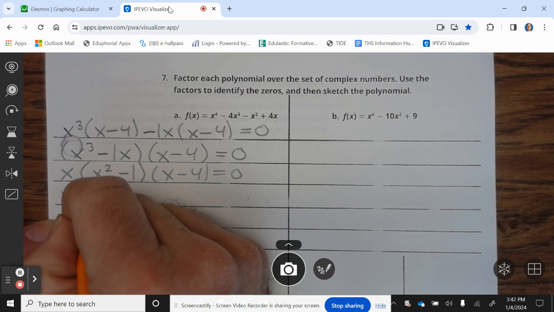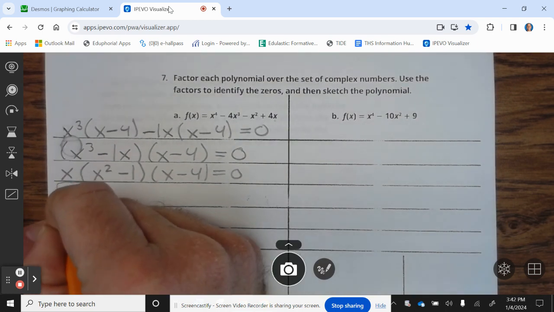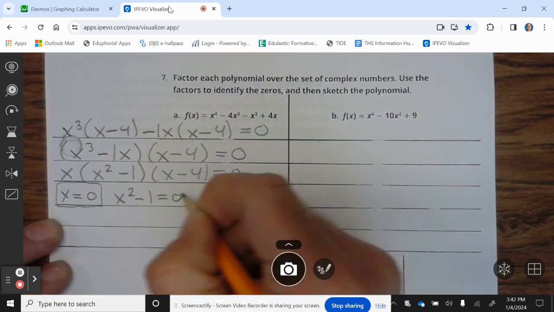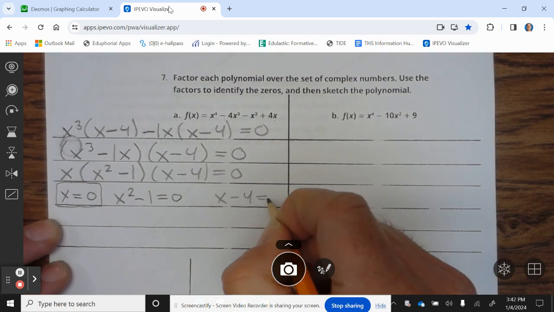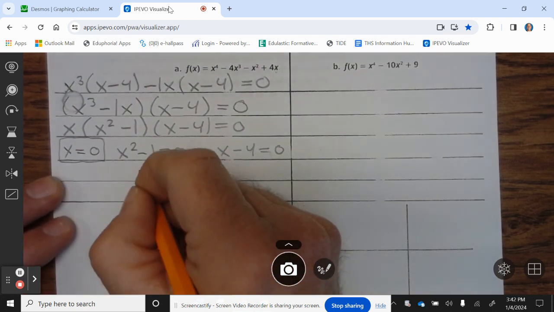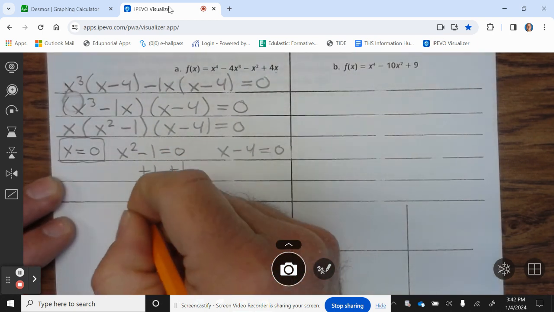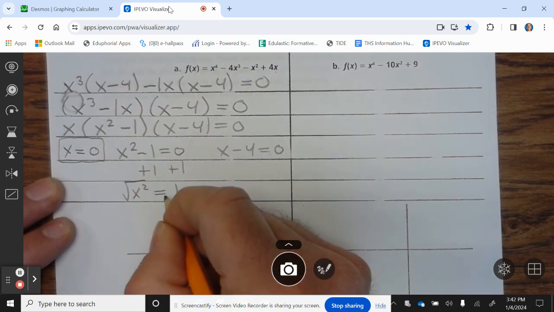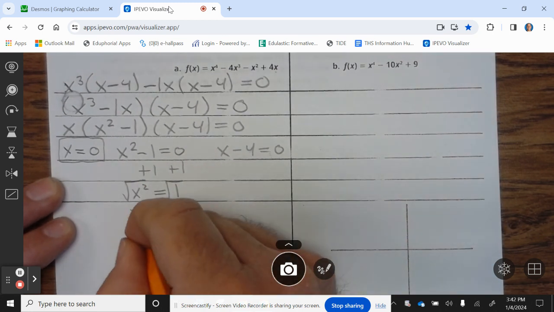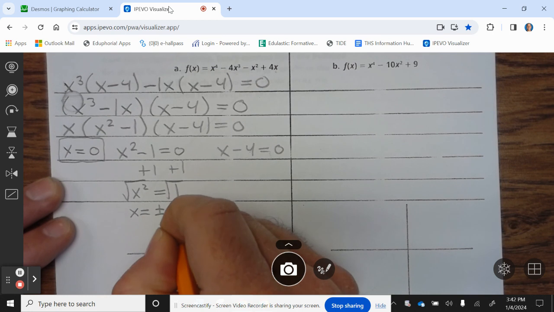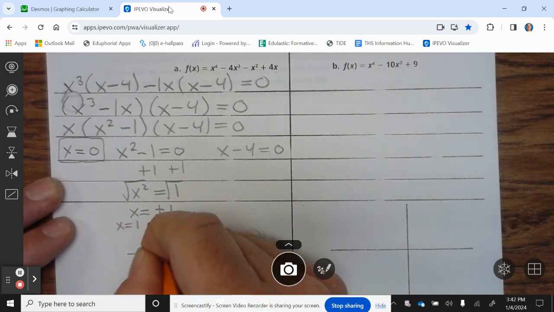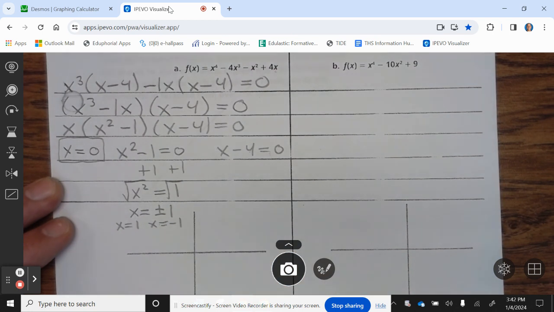So x equals 0, x squared minus 1 equal to 0, and x minus 4 equal to 0. So we add 1 to both sides. You get x squared equal to 1. Take the square root of both sides. So then x equals plus or minus 1. So x equals 1, x equals negative 1.